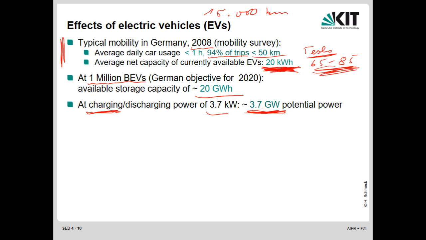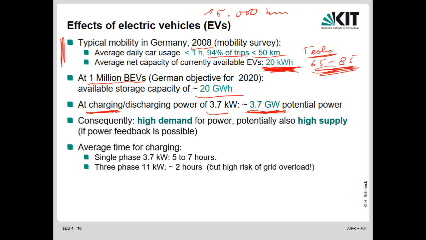My point will actually come after this. So, we have a high demand for power, and potentially also a high supply of power if we can have power feedback, which so far the car manufacturers don't want to provide.